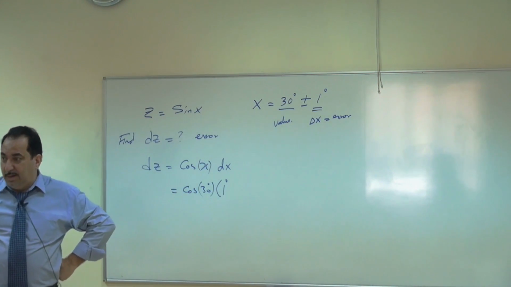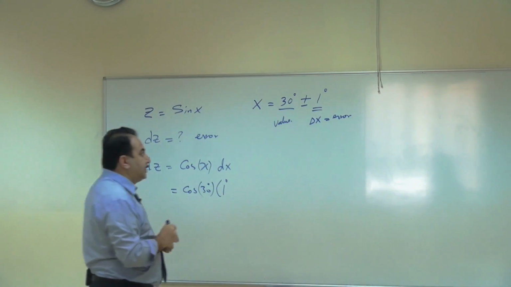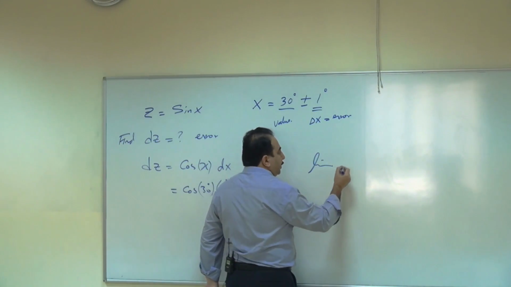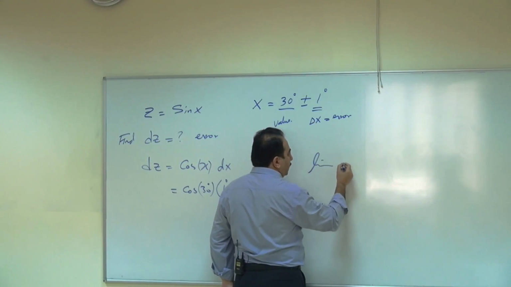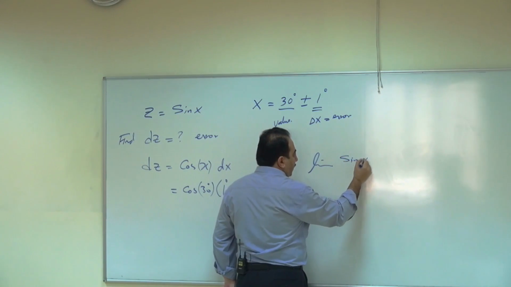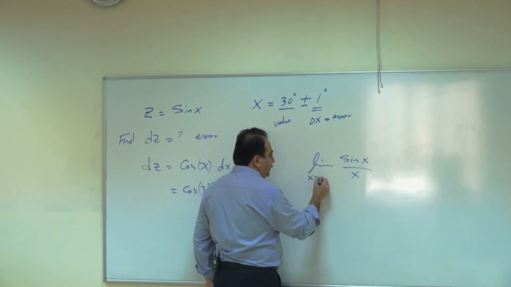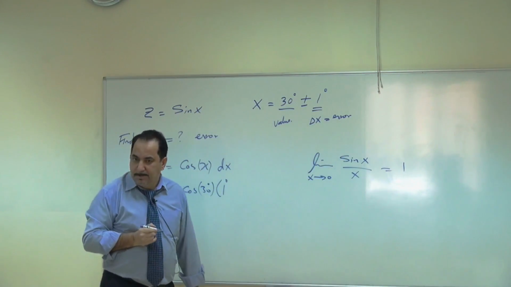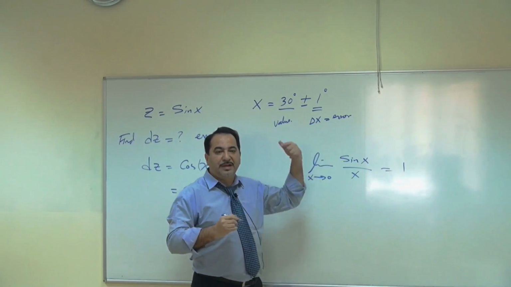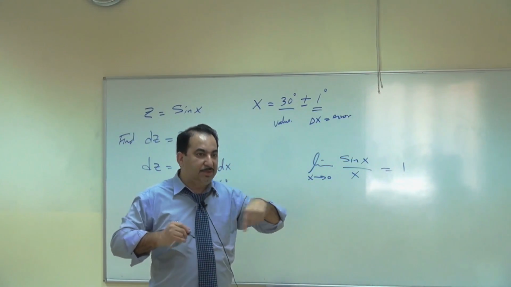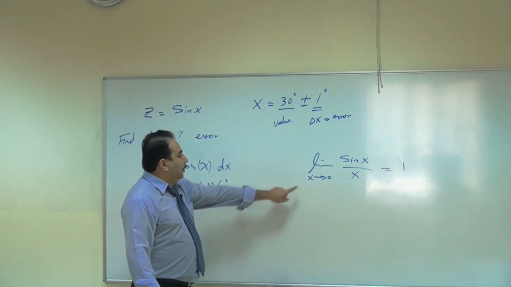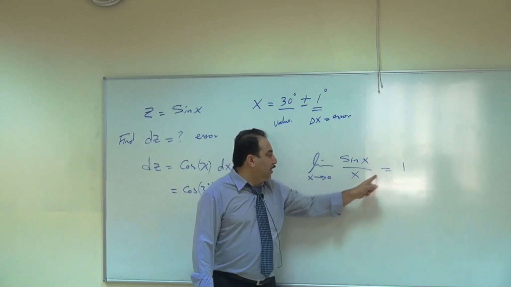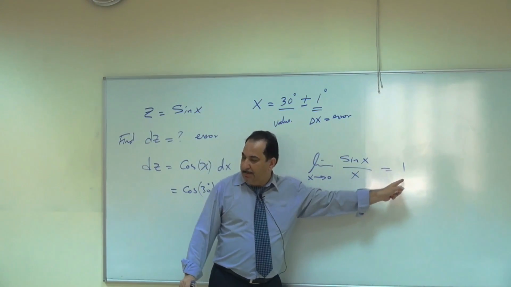Through that, you based your calculation on the assumption that the limit of sine x over x when x approaches 0 is equal to 1. You use this formula to prove that the derivative of sine x is cosine x. It means when x approaches 0, sine x is equal to x as well, because this ratio is 1.